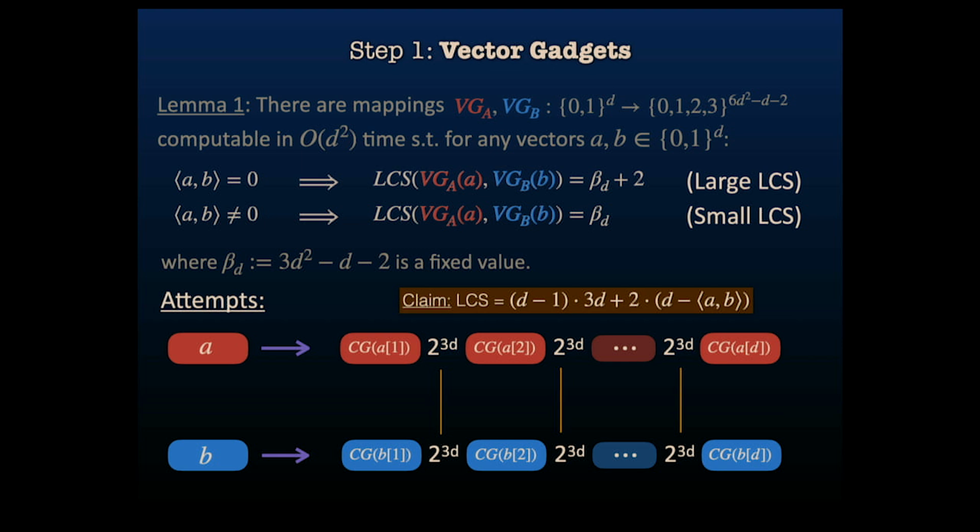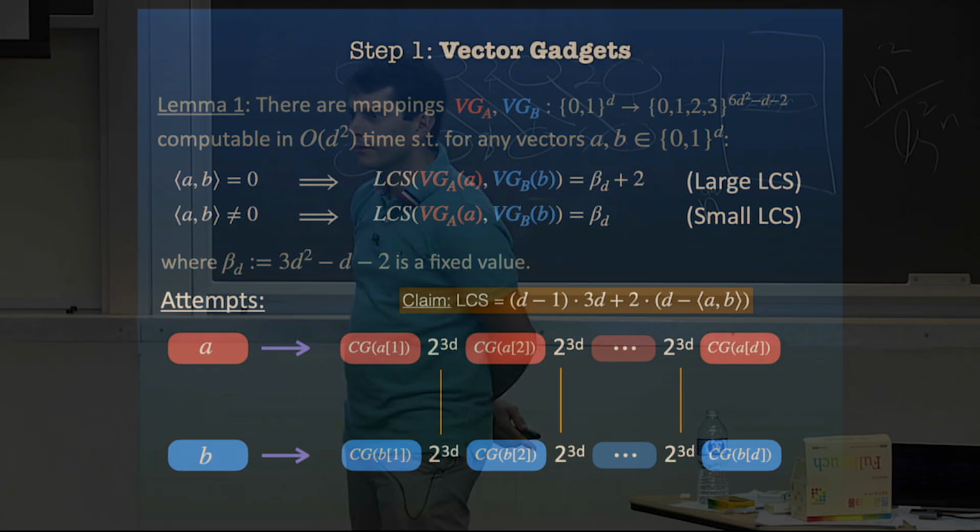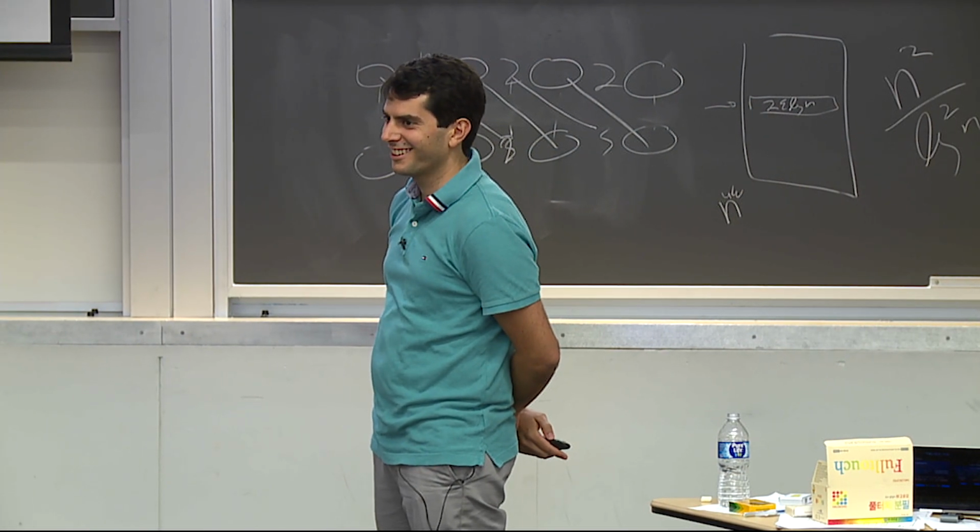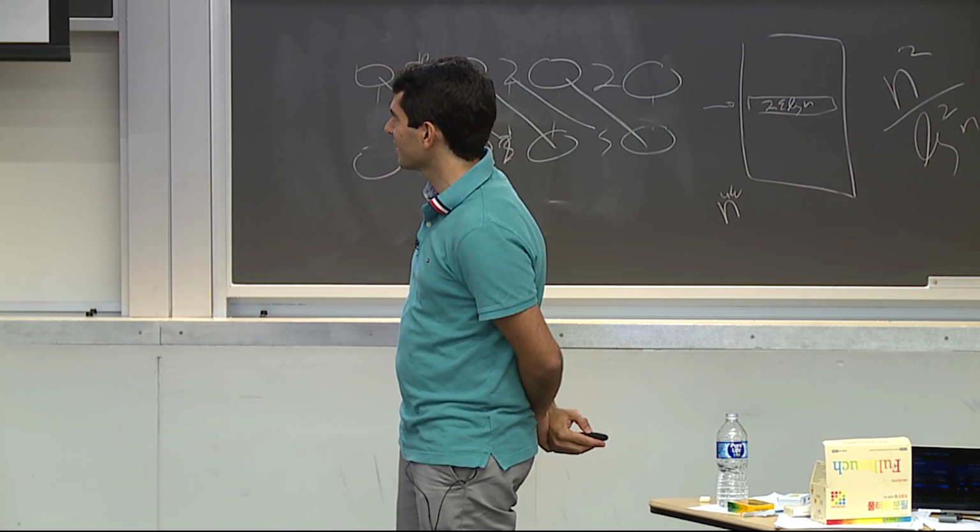Again, what we want is that the score will always be beta, no matter how non-orthogonal they are, no matter how many coordinates are 1, 1. Okay, great. Yeah, I think that's the cutest solution.